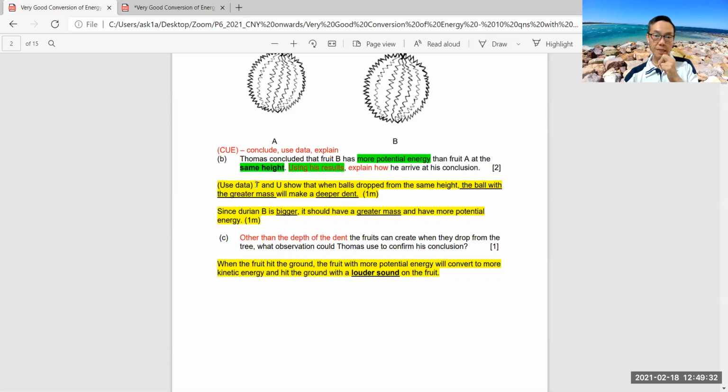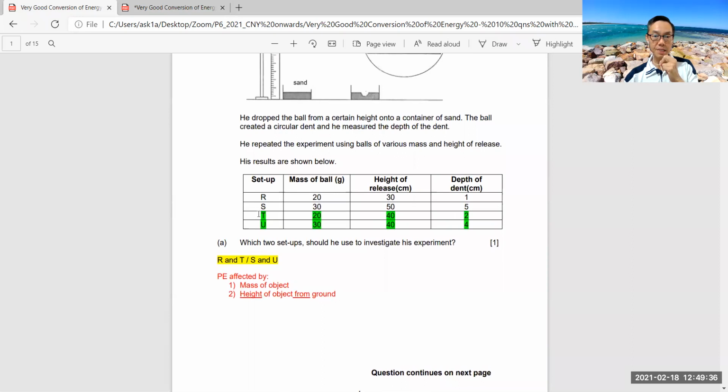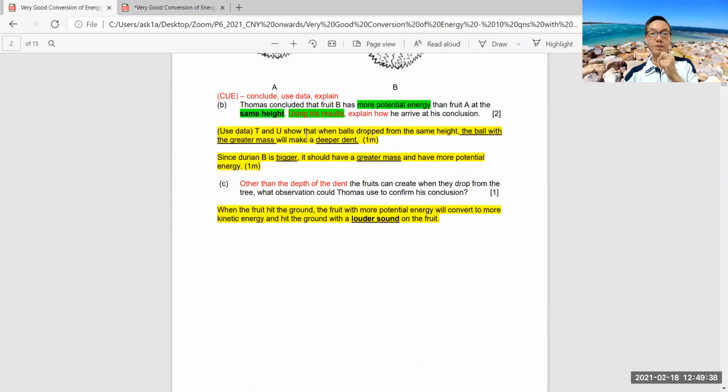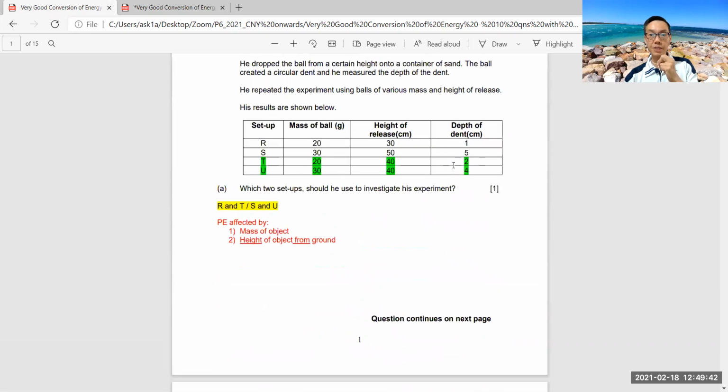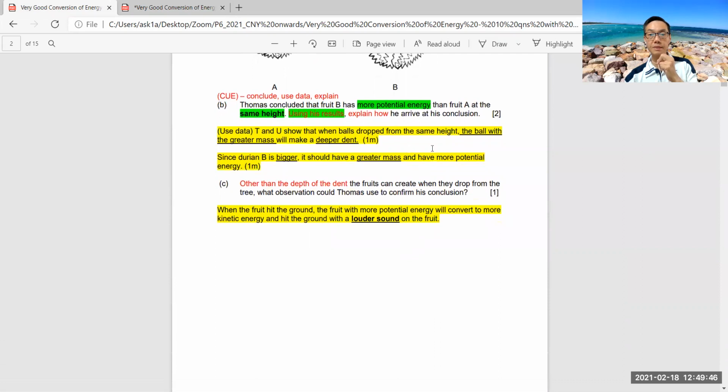Clearly we can see that setups T and U, as you can see here, show that when balls drop from the same height, which is 40 centimeters, the ball with the greater mass will make a deeper dent. So this is the result.